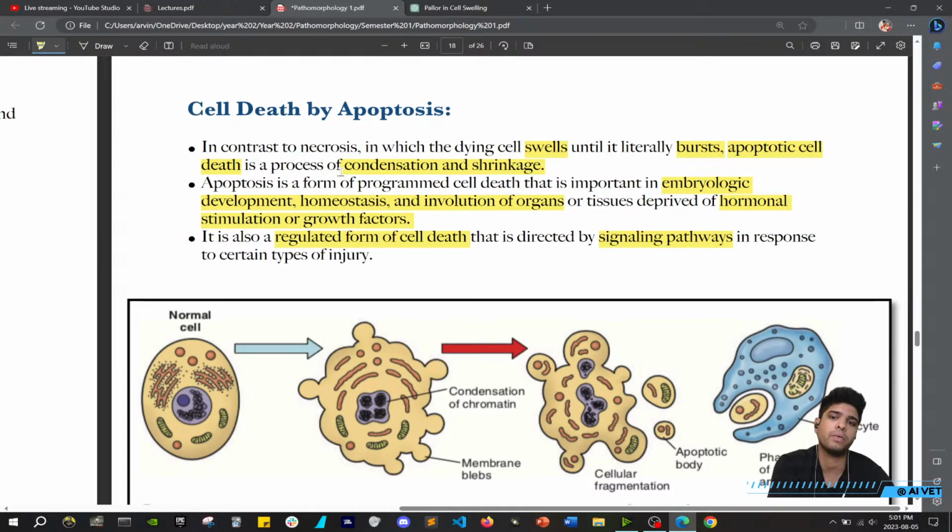In necrosis, first they swell up and then it literally bursts. Here they condense and then start to shrink.